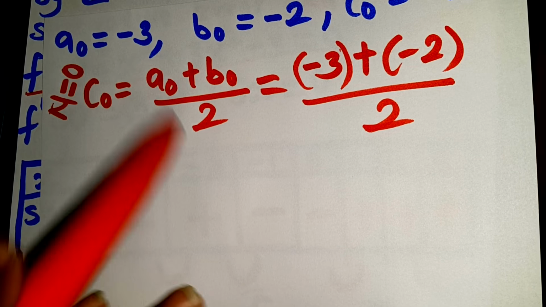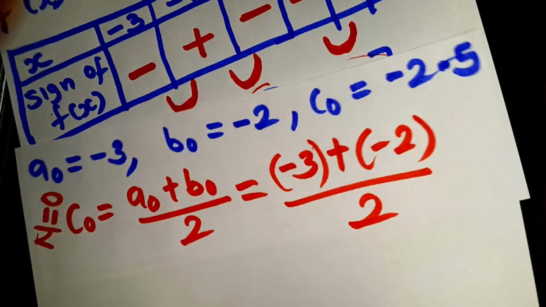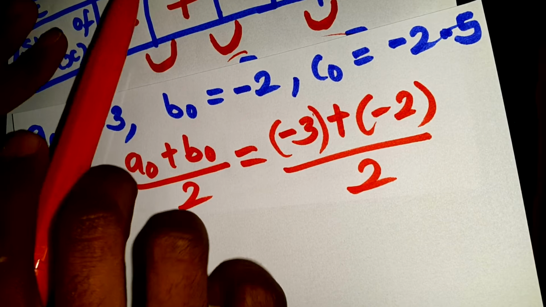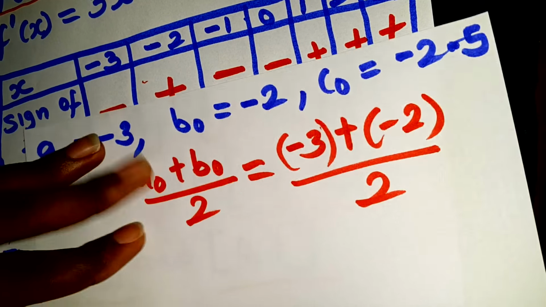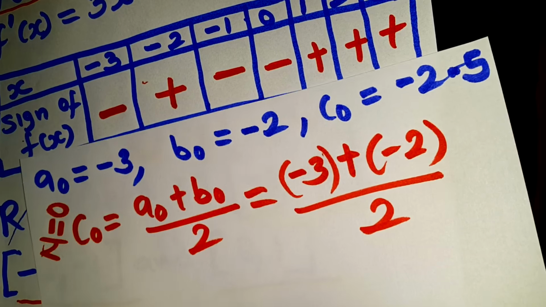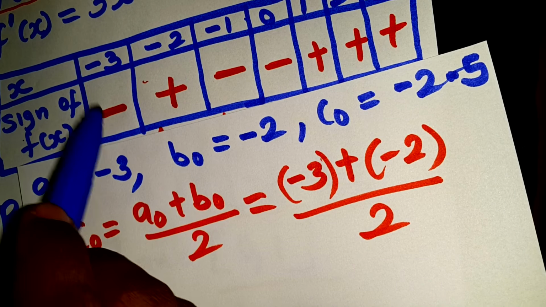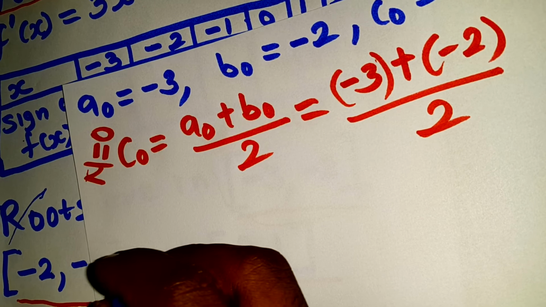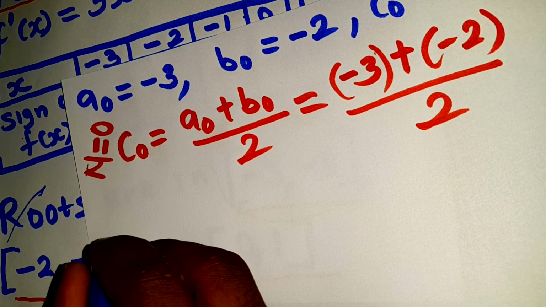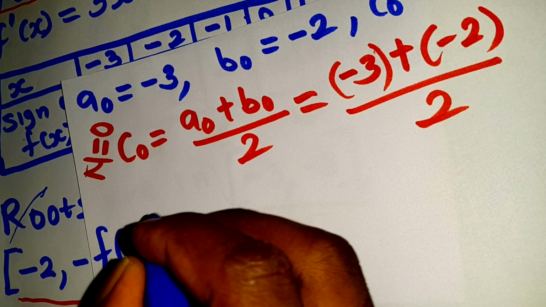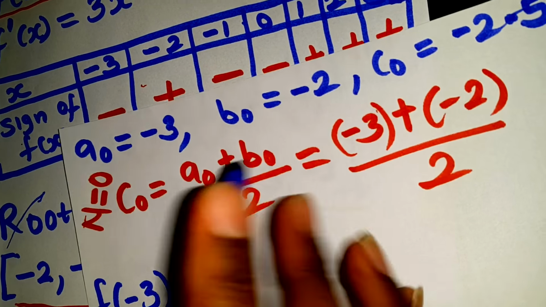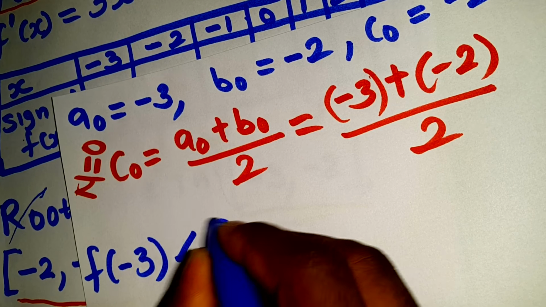So we try to do that here. We put minus 3 into our function, and we got a negative sign. So you just have to write f of minus 3 is less than 0, since it's negative.